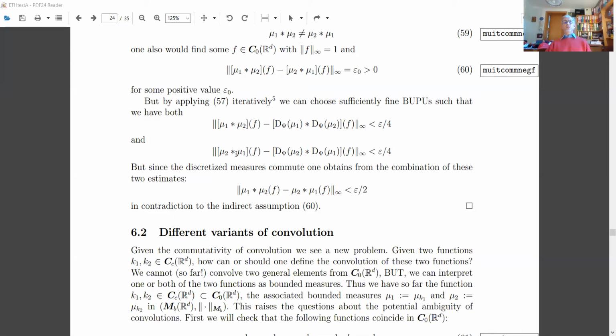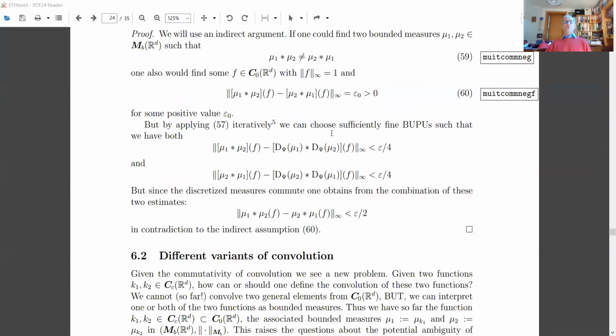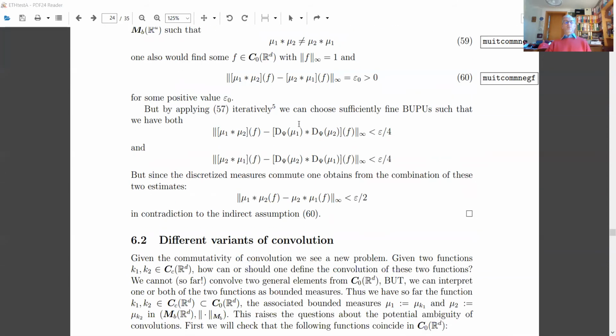So the difference of the close-by elements must be at most epsilon over 2, or epsilon 0 over 2 would be more correct, whereas we were assuming that it's epsilon 0. So if you do a good enough approximation with discrete measures, you have a contradiction. Okay, I'm sorry, the write-up is a mess, and I will have to correct it now.